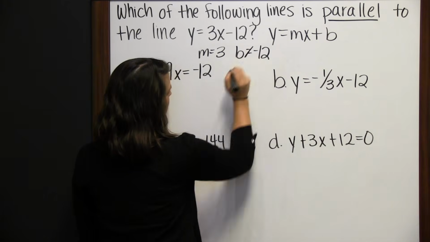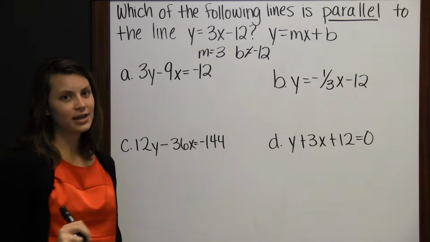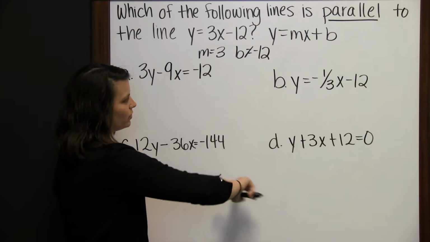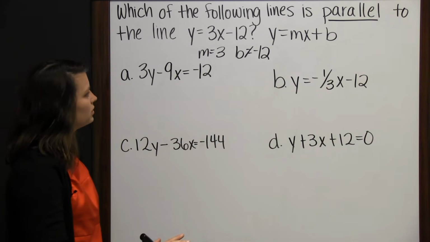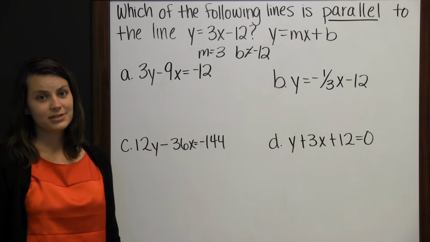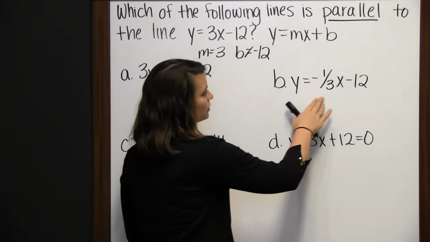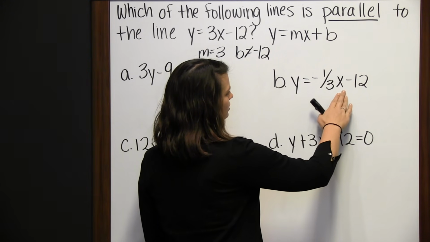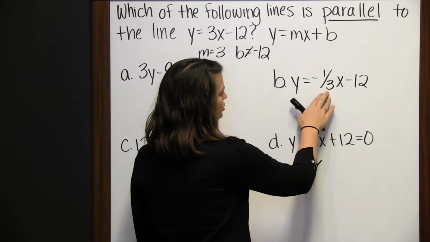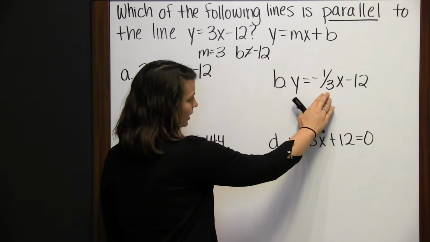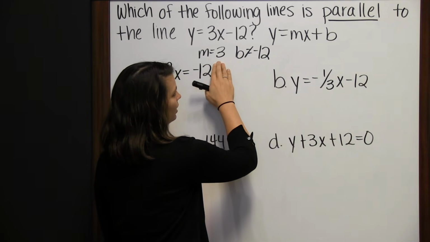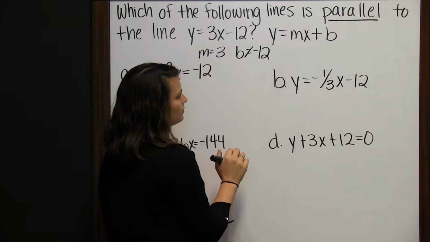So maybe we just put a slash through that equal sign. We do not want a y-intercept that equals -12. Let's look at B first, because B is in slope-intercept form. y equals mx plus b. As you can see, our m, -1/3, is not the same as our m from our original line.